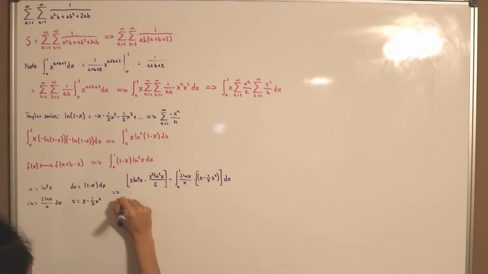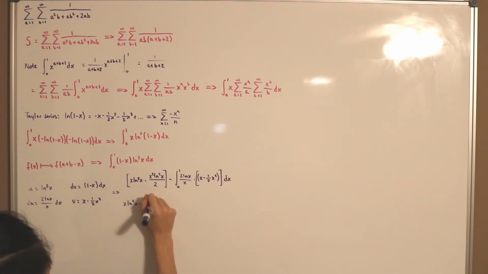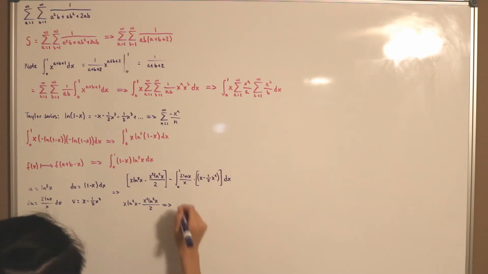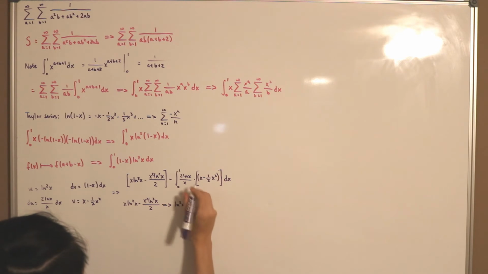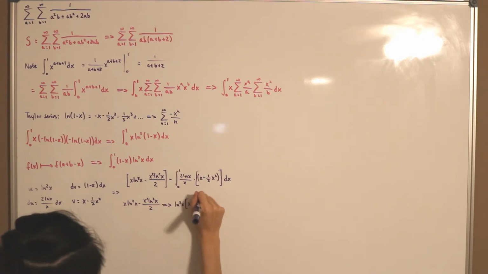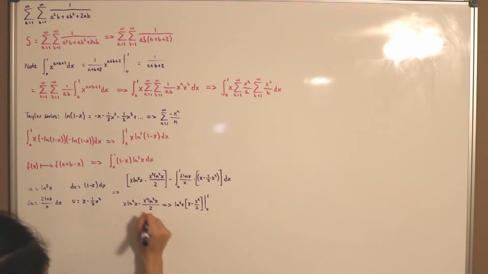Rewrite this again: ln square x minus x squared ln square of x, over 2. Then I can factor out an ln square of x. And this is the same thing as just like before, divided by 2, evaluated from 0 to 1.